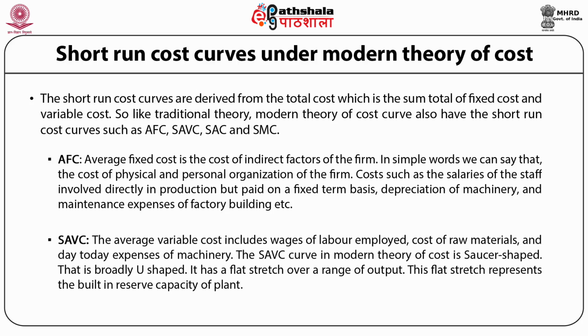SAVC. The average variable cost includes wages of labor employed, cost of raw materials, and day-to-day expenses of machinery. The SAVC curve in modern theory of cost is saucer-shaped, that is, broadly U-shaped. It has a flat stretch over a range of output. This flat stretch represents the built-in reserve capacity of the plant.